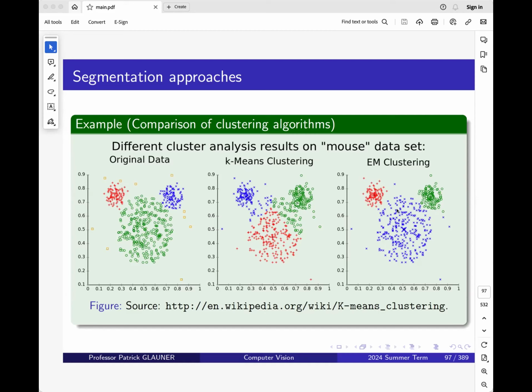We see the clusters make a lot of sense. What we still have are these outliers, and outliers are still assigned to the nearest center of the ellipse. If you want your outliers to be ignored, you would actually need a completely different clustering algorithm.